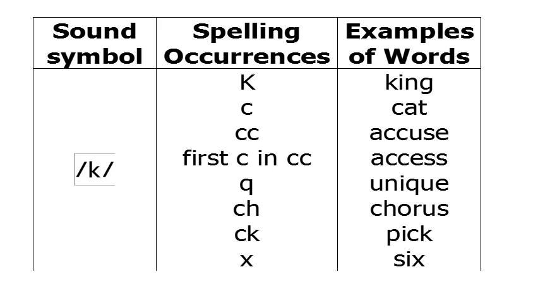We can get it from letters CK, and it can also be the first part of the sound in letter X. So we can have some examples such as king, cat, accuse, access, unique, chorus, pick, six.